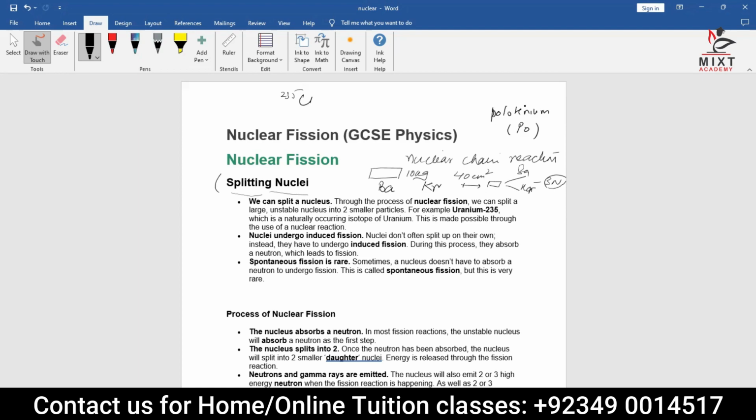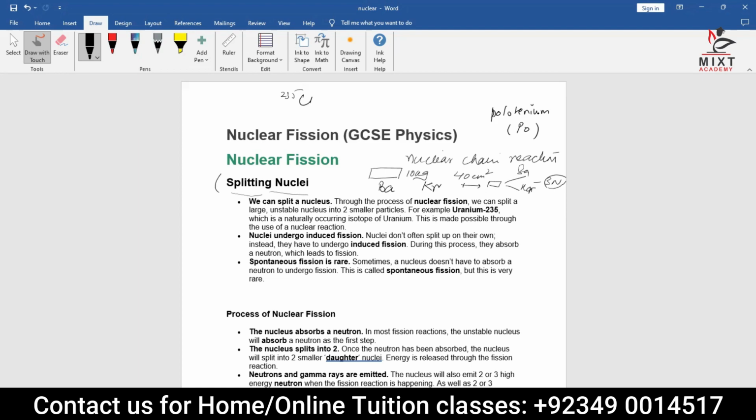The reaction used here is called fission reaction, and mostly it is performed in a nuclear reactor. This reaction is used for the atom bomb.